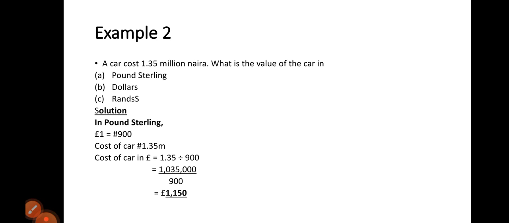Now let's see. In pound sterling, like what we said earlier, for instance, 1 pound sterling is 900 naira, and the cost of the car here in Nigeria is 1.35 million naira.